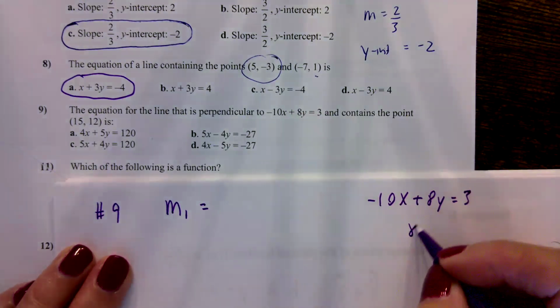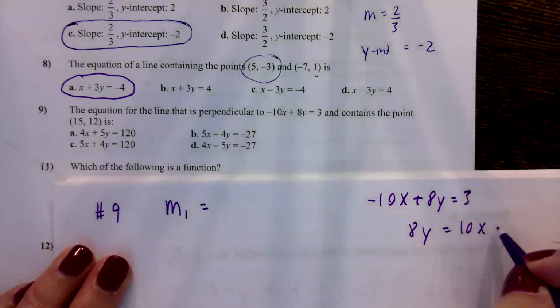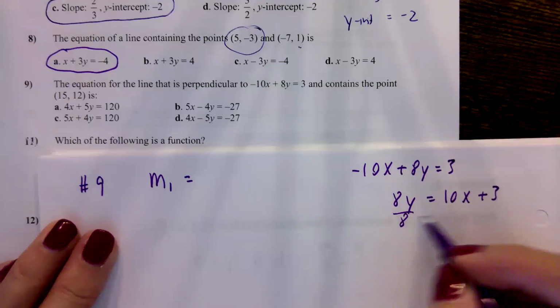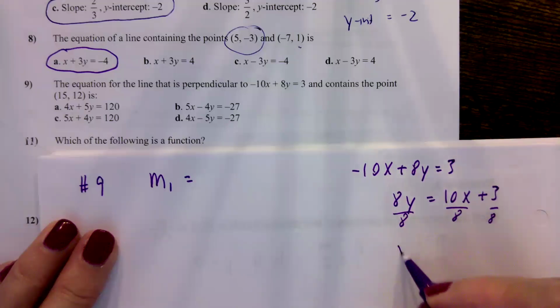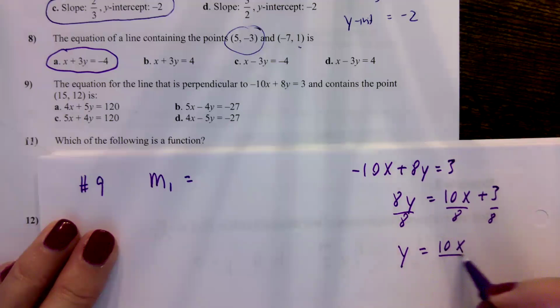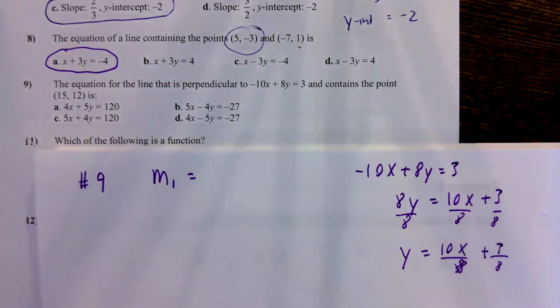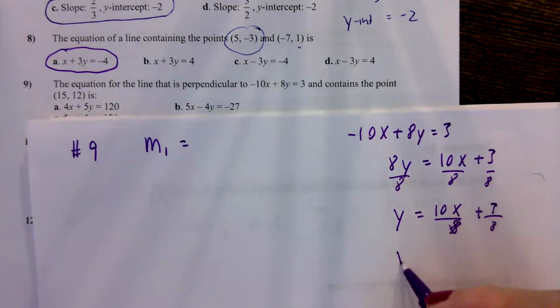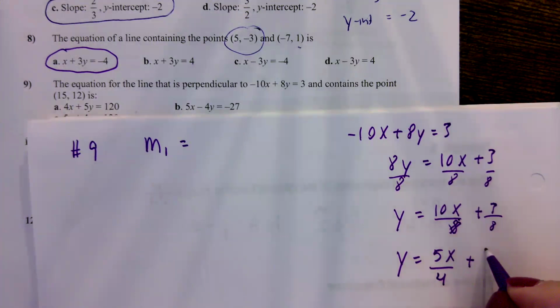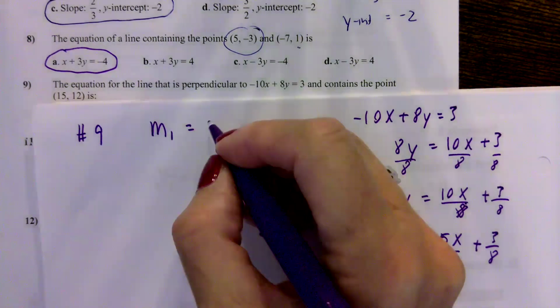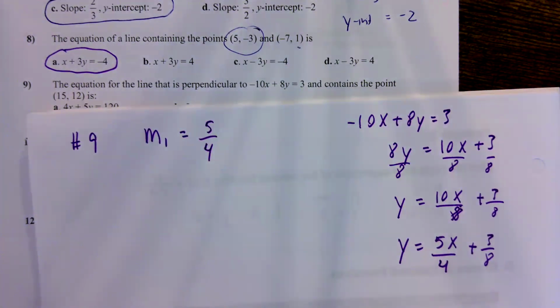So I'm going to add 10x to both sides and then divide by 8. So it reduces to 5x over 4 plus 3 over 8. So our original slope is 5 over 4.